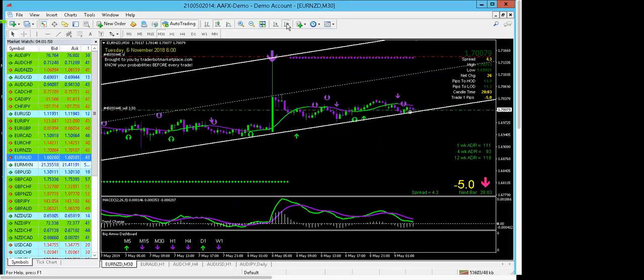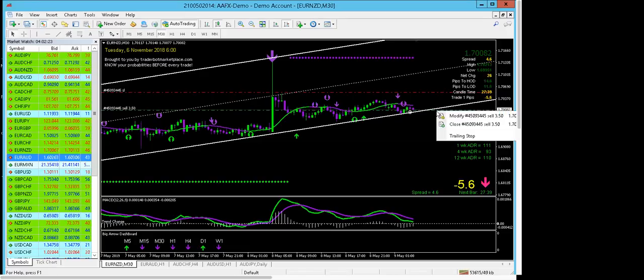If you guys wanted a smaller stop loss, you could put it at the previous high, right here. See that? This right here. So that's where I'm going to put my stop loss.